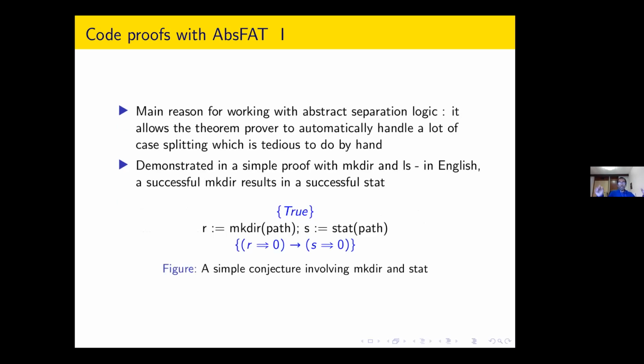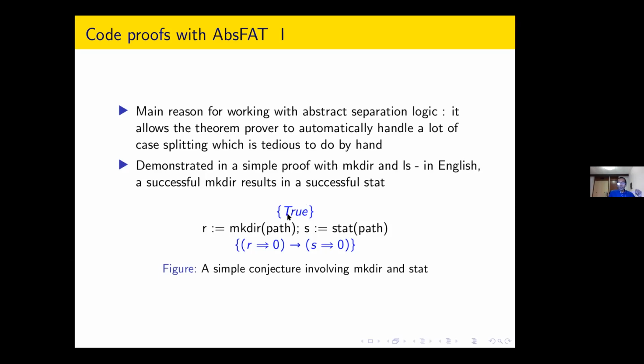So here's an example of what we get in exchange for all this labor of proving refinement relationships. We get proofs like this one. Consider what I'm showing you in this Hoare triple here. We have an mkdir operation followed by a stat operation, and the return values of these two operations go into the variables r and s respectively.